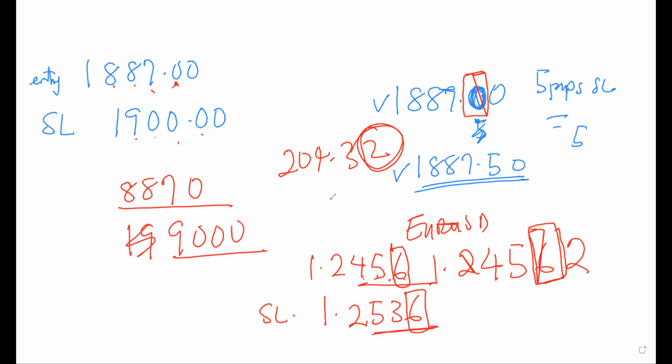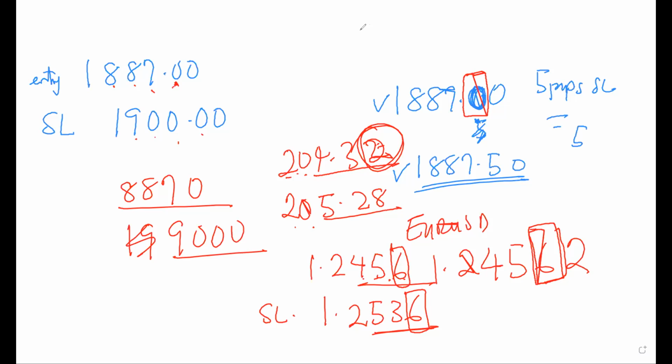So if you have a stop loss of 205.28, now 20 and 20 are the same, so you don't need that. But 45 is different from 32, so you are picking out 432 and 528. You need to put the 2 there because it's the most important digit. Is that clear?